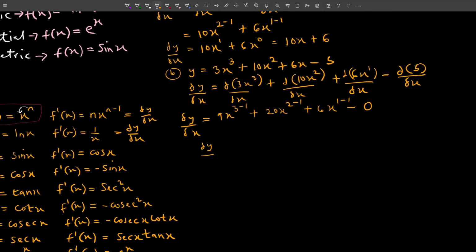So dy dx will be equal to 9x raised to power 3 minus 1, plus 20x raised to power 2 minus 1, plus 6x raised to power 1 minus 1, minus 0. I need this one out of the equation. This will give me 9x squared plus 20x plus 6.